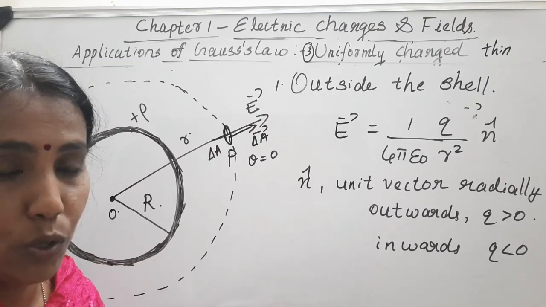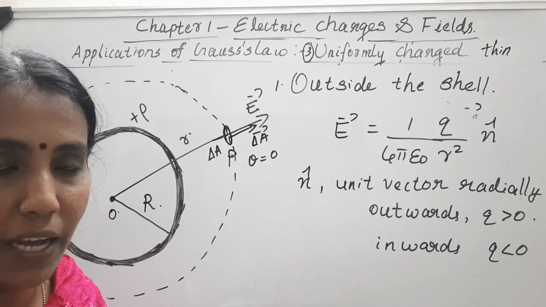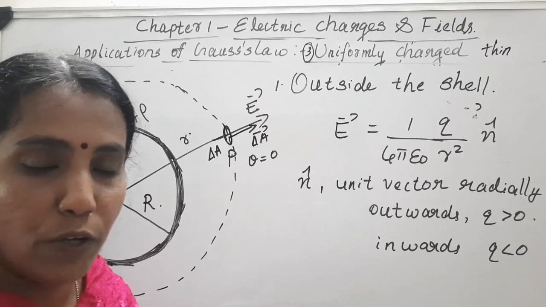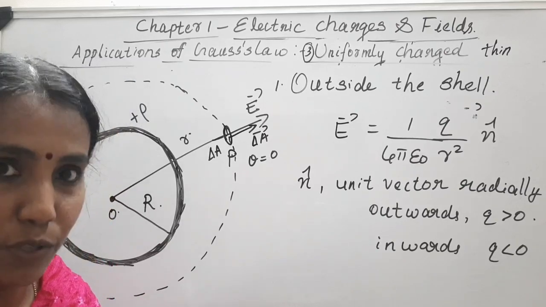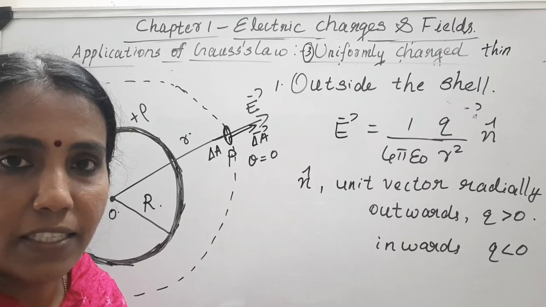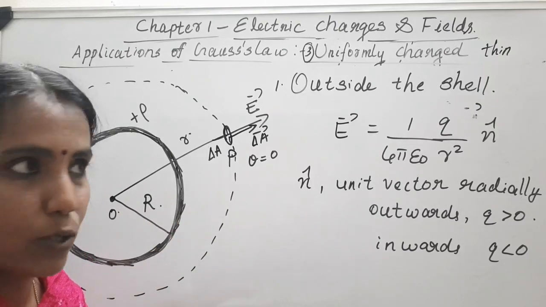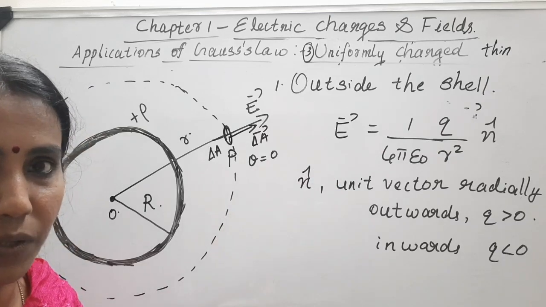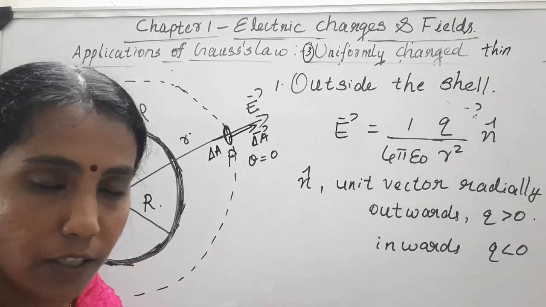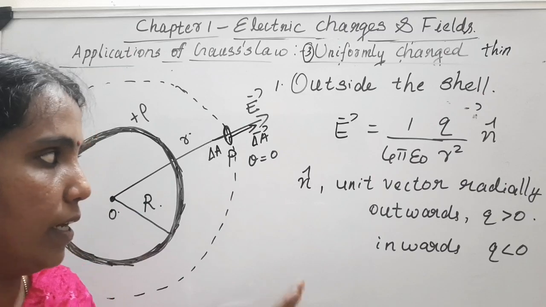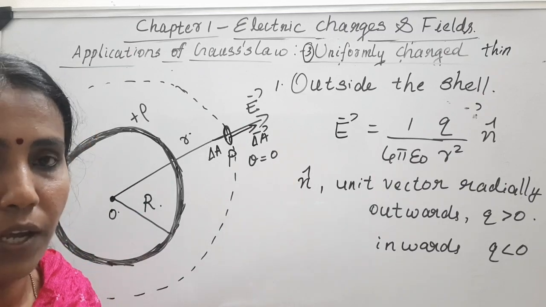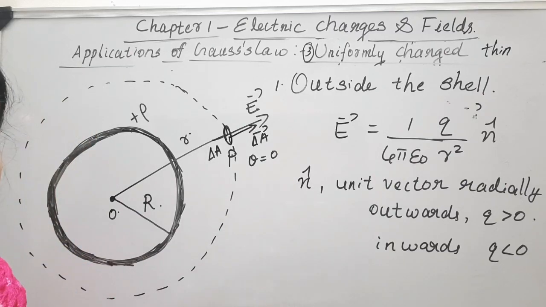Actually the charge is not like that, the charge is on the surface. So a question like this also used to come: show that the electric field produced by a spherical shell outside the shell varies as if the whole charge is concentrated at the center. So this is what you have to prove. That is a very important conclusion to be noted. So we have discussed the vector equation and the field outside the shell.